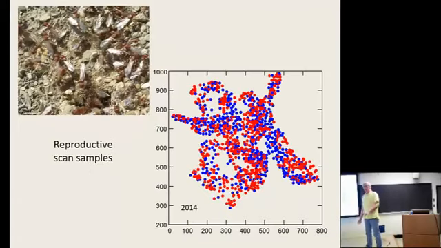Okay. We have another set of reproductive data, which is based on scan samples. During the real mating flight, the queens and males come out of the nest at about 3 o'clock in the afternoon, and they're there and detectable for about an hour.